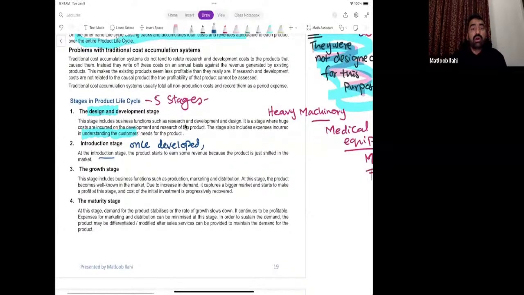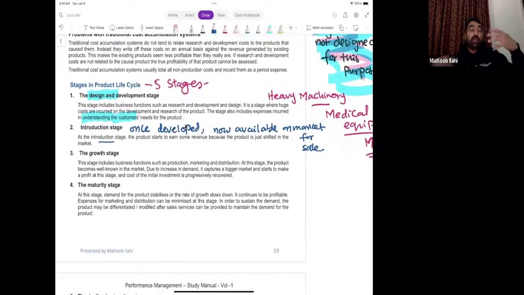The product starts to earn some revenue because the product is just shifted in the market. So the product is now available on the market for sale. But now at the introduction stage, it varies from product to product.